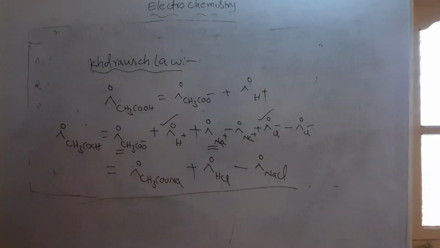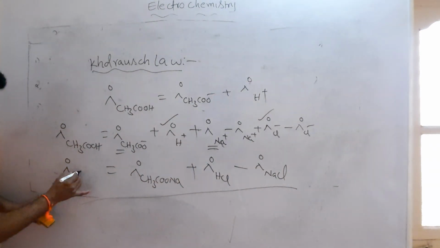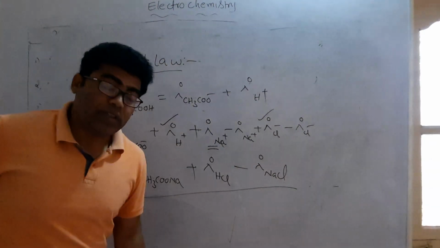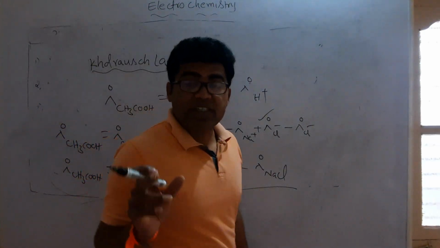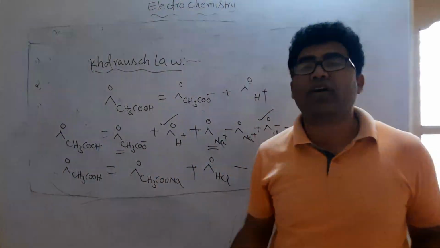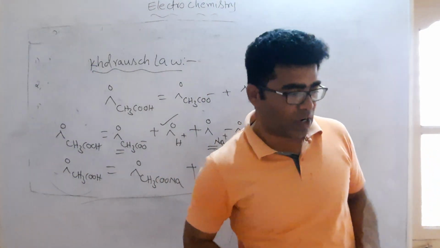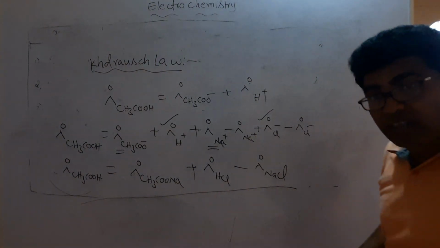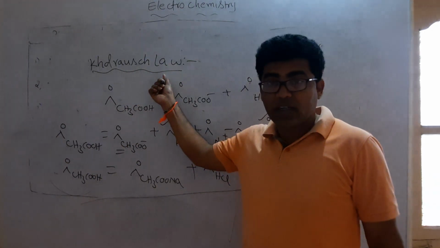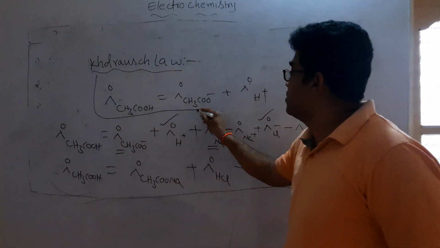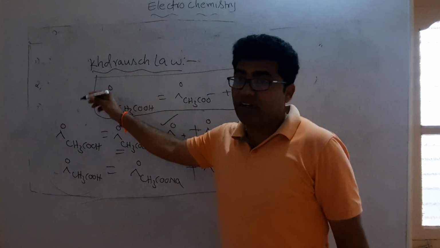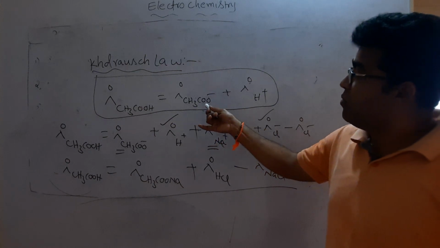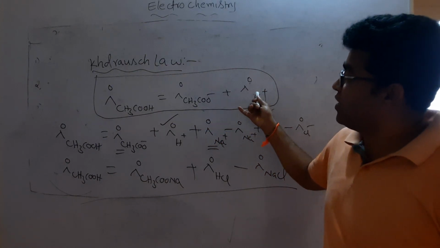Now in this process you observe, because of that statement, what is the benefit we got? That beauty you try to understand. What is the statement given by Kohlrausch? The limiting molar conductivity of an electrolyte is equal to the sum of the limiting molar conductivities of cation and anion.